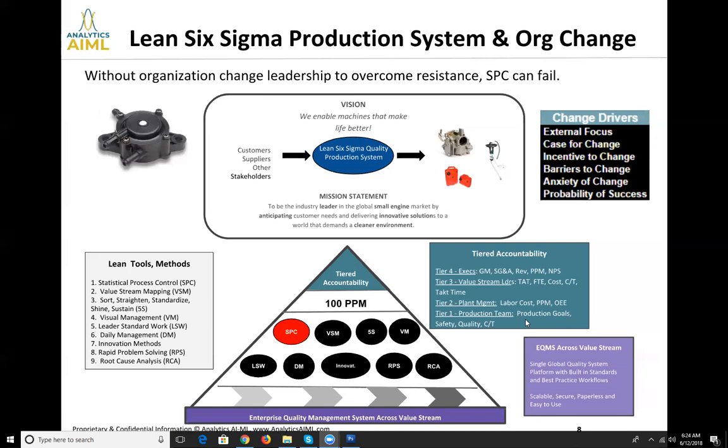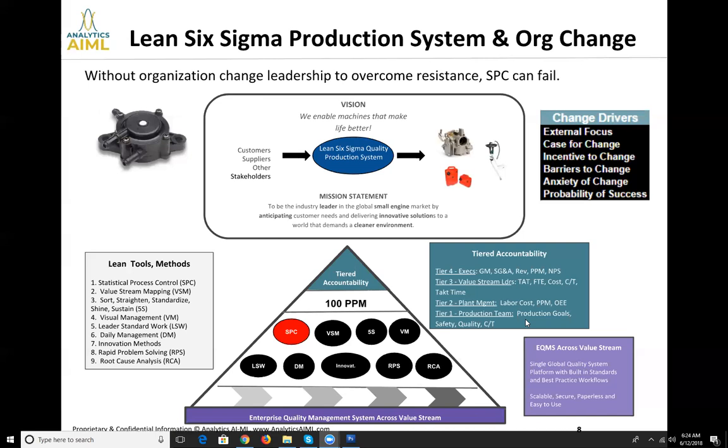Finally, when we look at organizations, we want to put in place an enterprise-wide quality management system. In many cases there are regulatory requirements, and in other cases ISO requirements, to drive the change so that as you make improvements to your process, you have good standard work and standard operating procedures that are being updated.